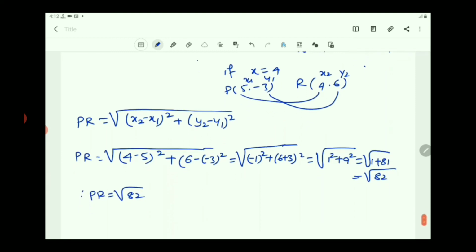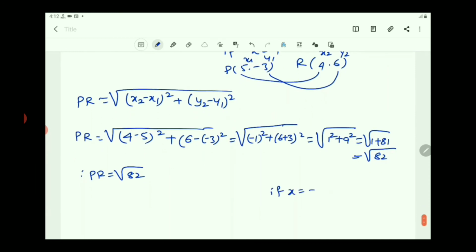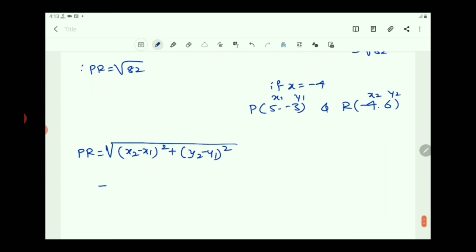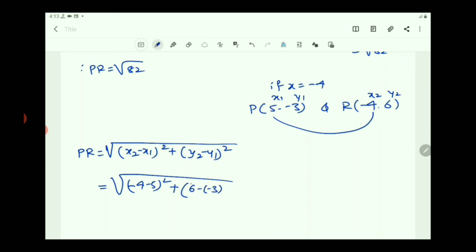And also you take minus 4. That is, if x equals minus 4, then the point becomes P (5, minus 3) and R (minus 4, 6). So these are x1, y1 and x2, y2. Then you write PR equals square root of (x2 minus x1) whole square plus (y2 minus y1) whole square, that equals (minus 4 minus 5) whole square plus (6 minus minus 3) whole square.